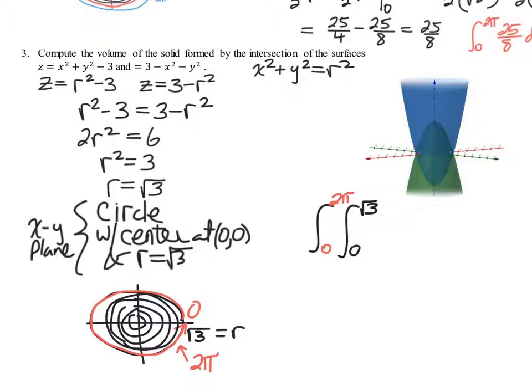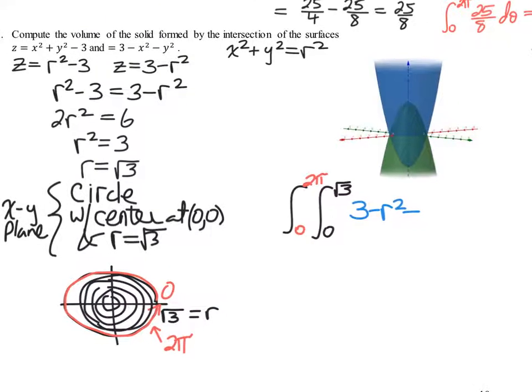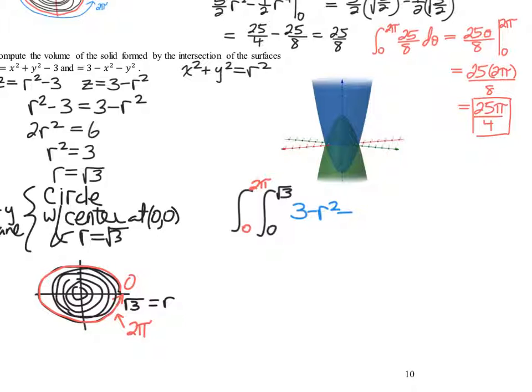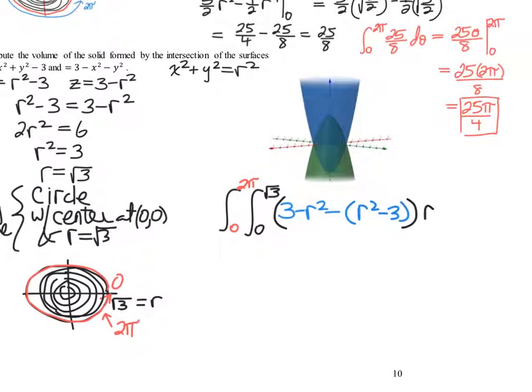If I want to capture this region here, I want to take the one that's facing downward and subtract from it the one that's facing upward. So the one that's facing downward would be the one with the negative r squared. So 3 minus r squared, minus, parentheses, r squared minus 3, and that's all grouped together, multiplied by r dr d theta.